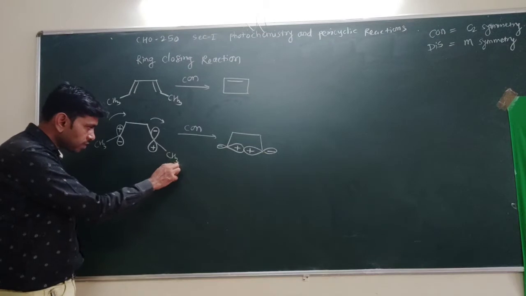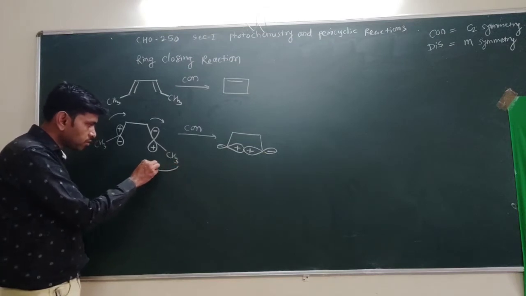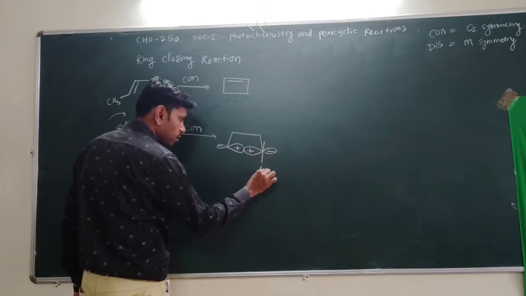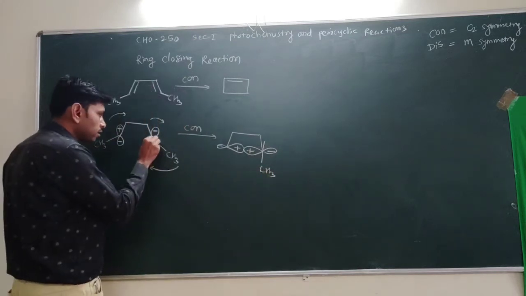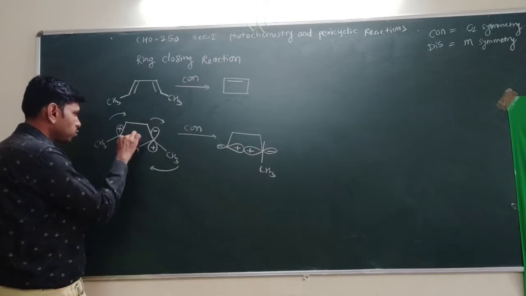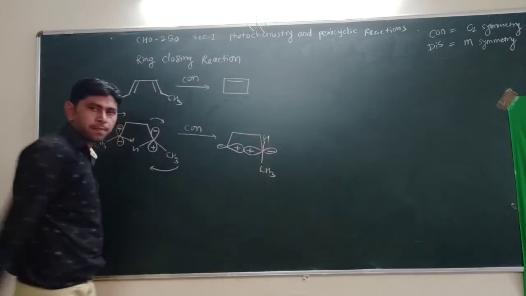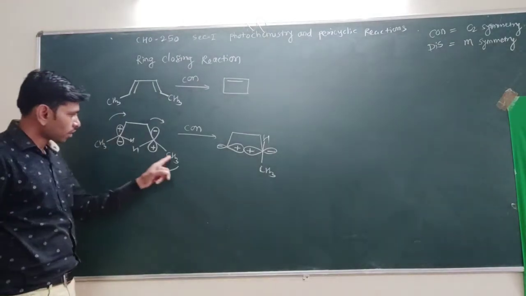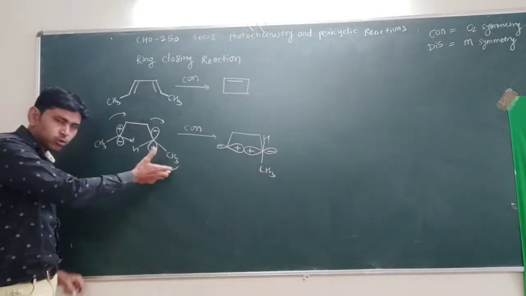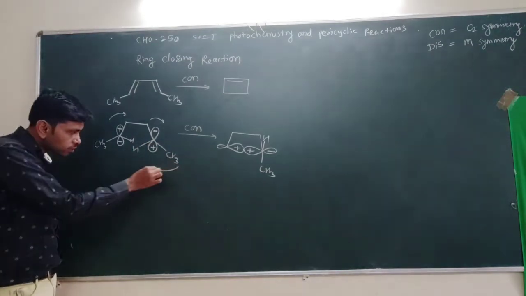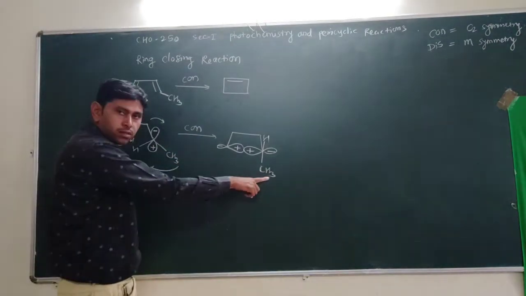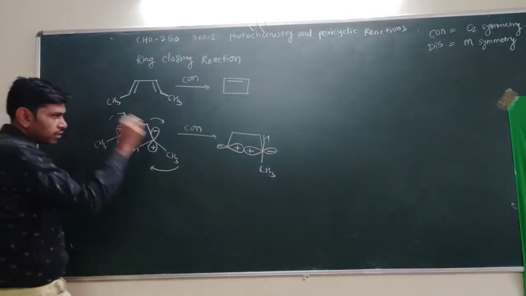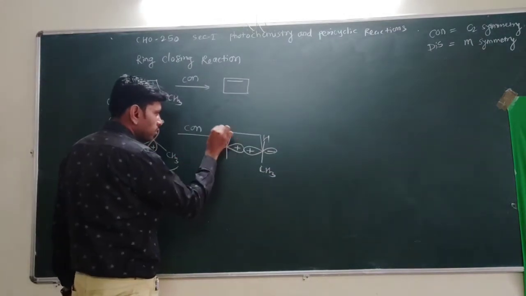So this group, the CH3, rotates so that CH3 goes here, and on the opposite side there is hydrogen. Here, this CH3 goes in the upward direction. This CH3, when rotated clockwise by conrotatory motion, takes the position in the downward direction, and the other CH3 when rotated takes the position in the upward direction.